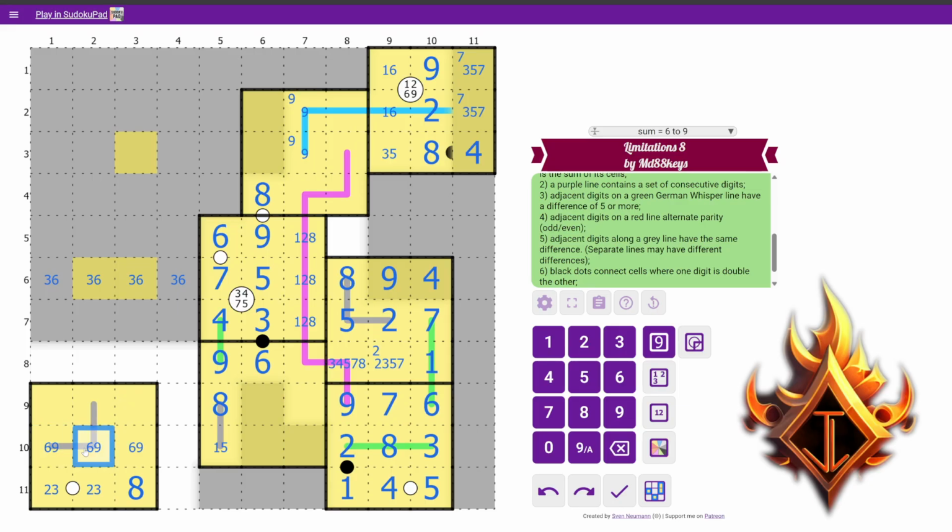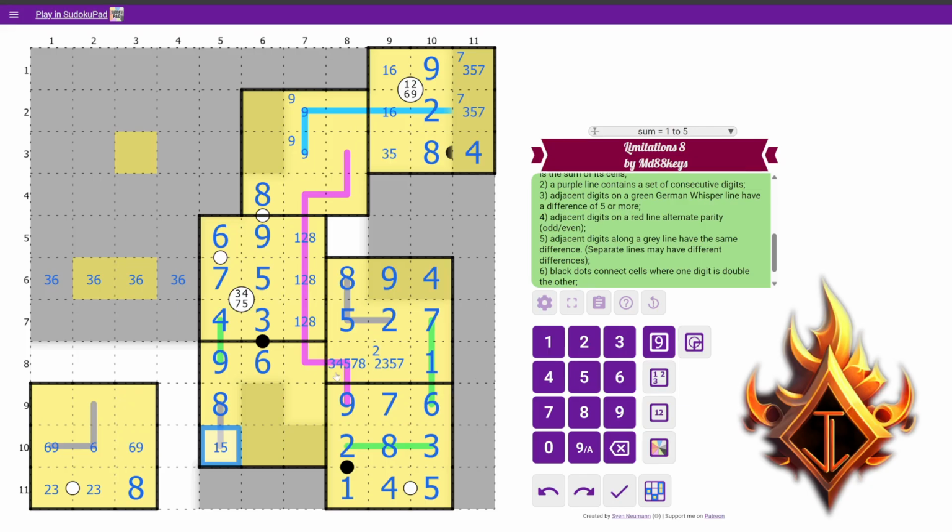Doesn't mean that, well, that's still true. 9 can't be in the middle. But, well, it can't be 9, 6, 3. But it could be 6, something else. 5, 4. And that could be 9. Maybe. But now 5 can't go here.